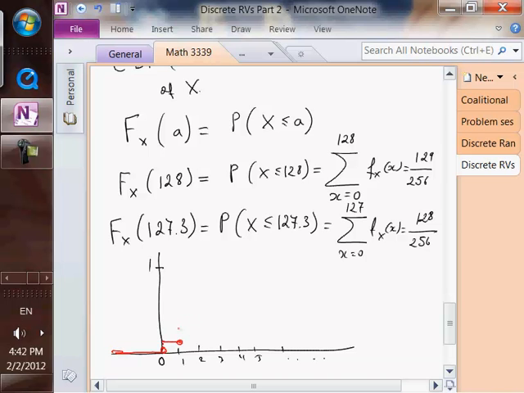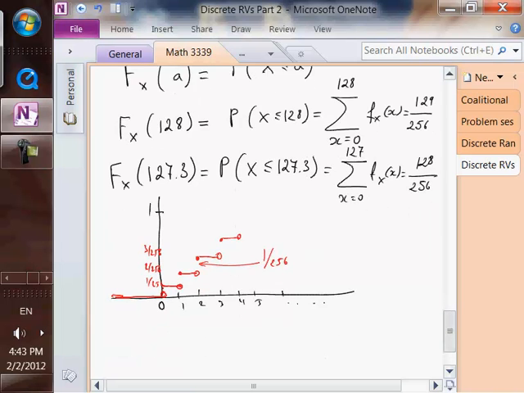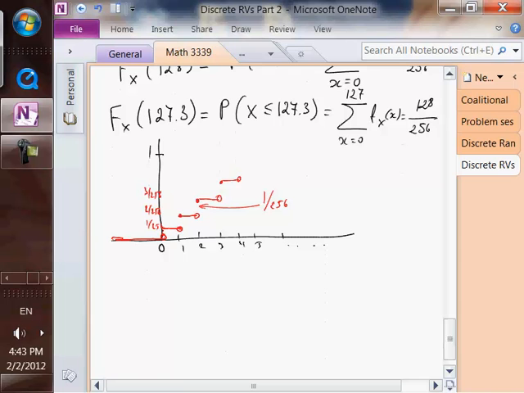You always have these open circles at the end. And so forth and so on. And this is 1 over 256. This is 2 over 256. And these jumps here are equal to 1 over 256. That's how it works. Okay?